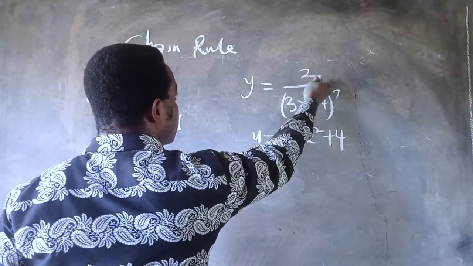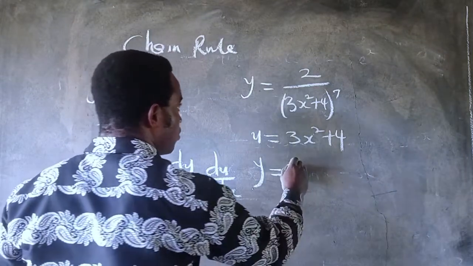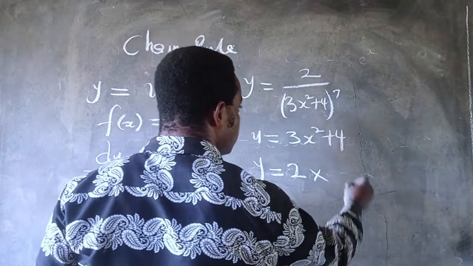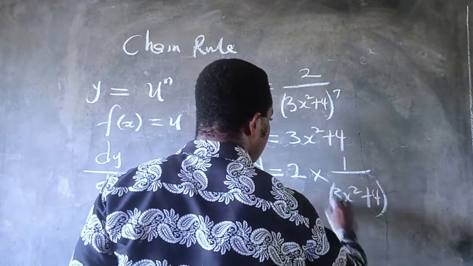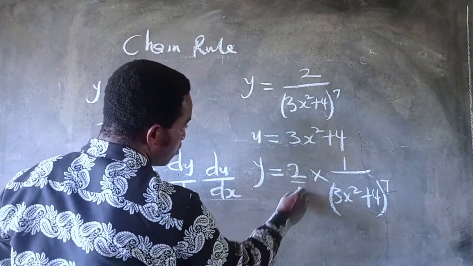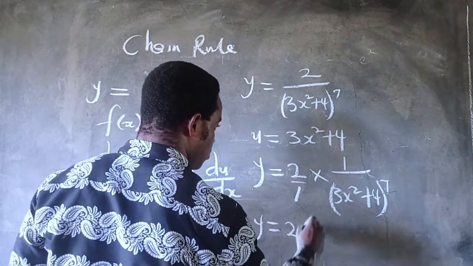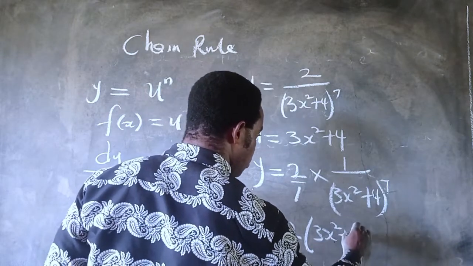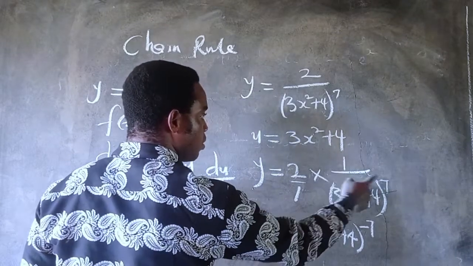So this type of problem is a chain rule type. So let us rewrite that expression in a form that will be easy for us to handle. So I push out the 2 up there, and I can go on and apply indices to express what I have in the bracket down there in this form. And this becomes negative 7 from the law of indices.